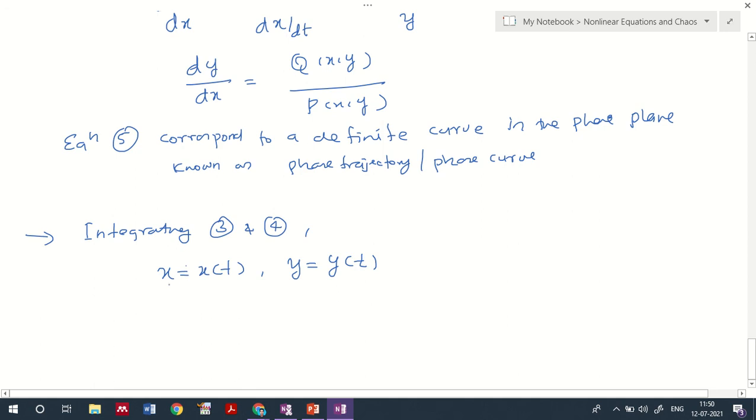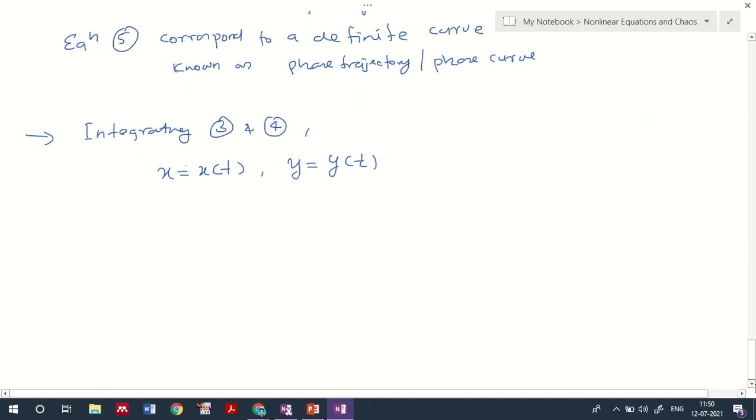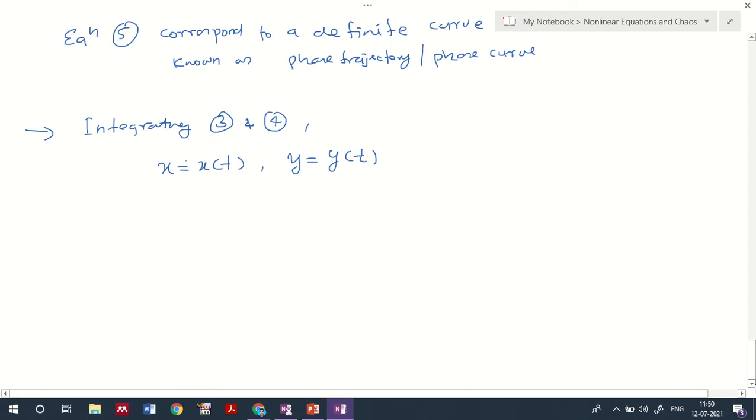So you have a representation of x and y in terms of time dependence. And this we call a parametric equation, the parametric equation of the trajectory.